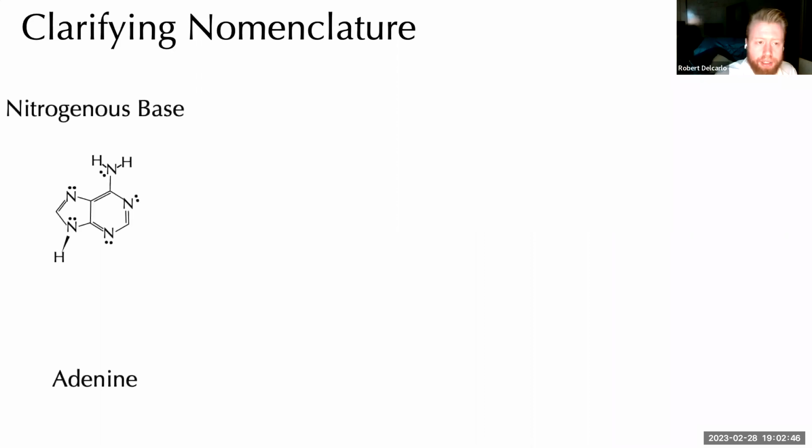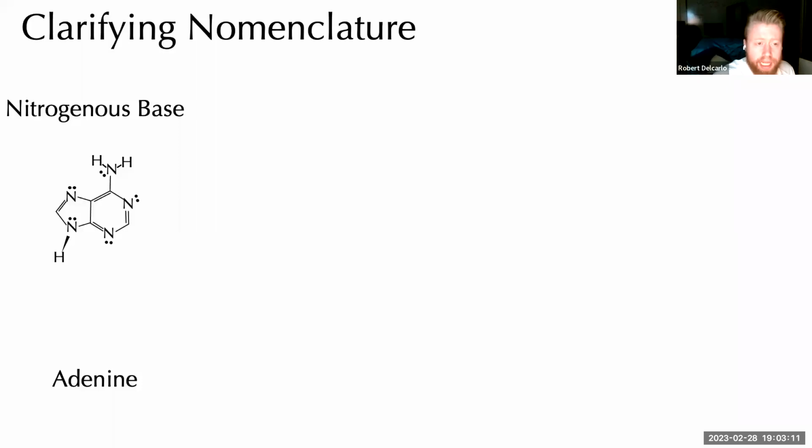Now let's take a second here to just take a beat and clarify some nomenclature. You've got a nitrogenous base, and there are 5 of them. Only 4 exist in DNA, only 4 exist in RNA, but there are 5 of them. T and U swap out for one another. You've got adenine, guanine, cytosine, thymine, and uracil.